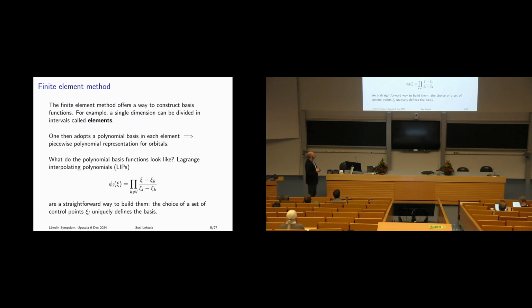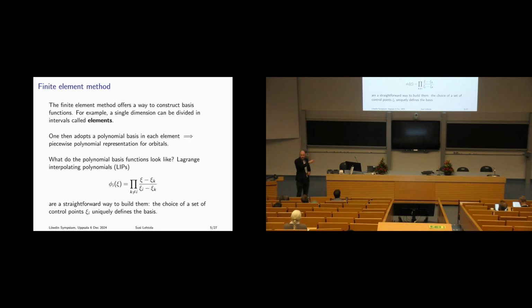So first, let's introduce the finite element method. Instead of using these atomic orbitals, I do some discretization in real space. If I have 3 dimensions, I can describe the behavior of my orbitals in each dimension in terms of these finite element expansions.